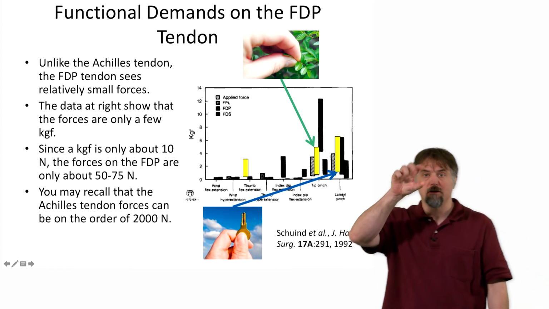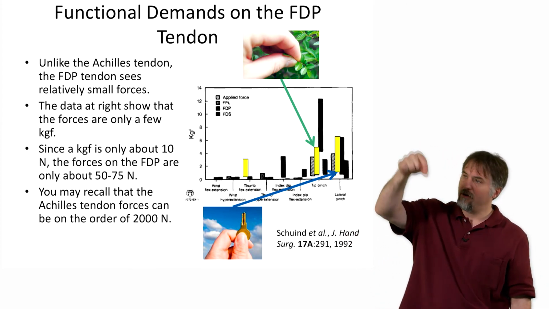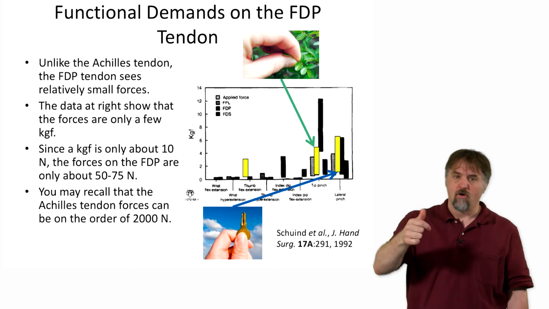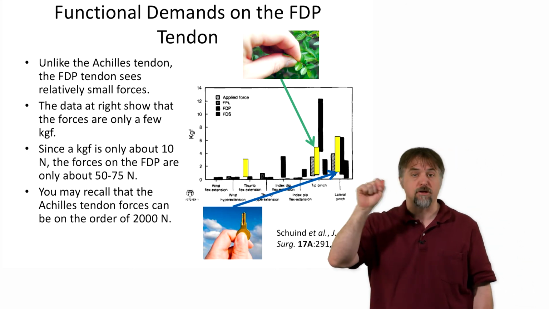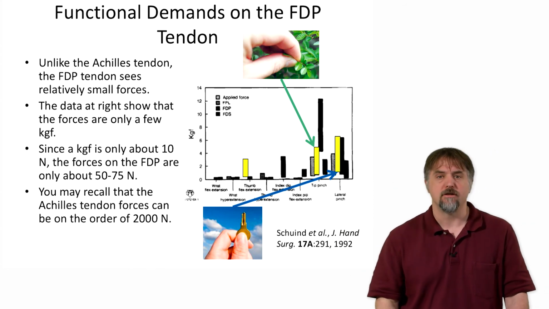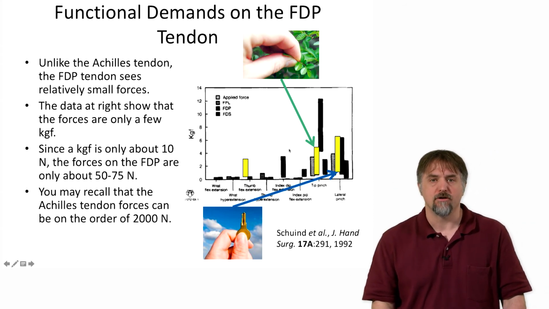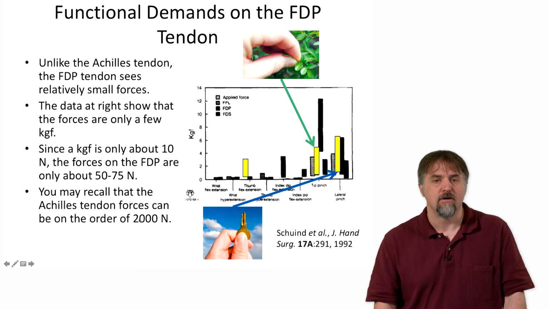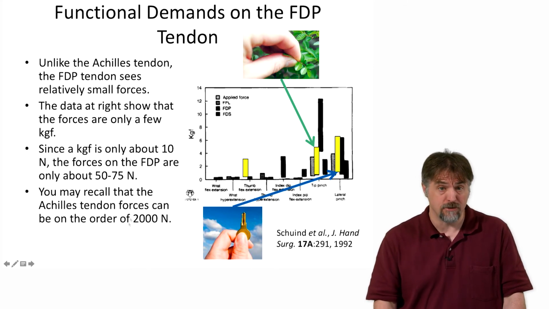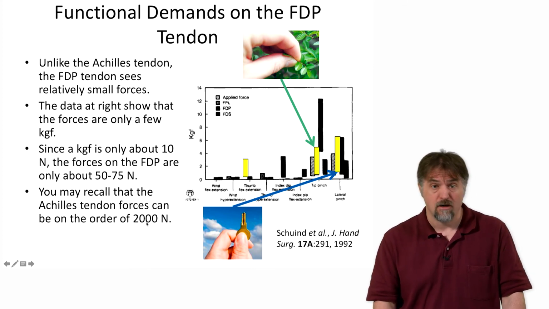So if you go like this, like you would when you try to pick up something on the ground, or if you pinch the side of your finger against your thumb like you do when you're holding a key, these are forces that you see. And you notice these forces are on the order of tens of kilograms, which is equivalent to about 50 to 75 newtons. Right? This is nothing compared to the forces that the Achilles tendon has to carry, right?